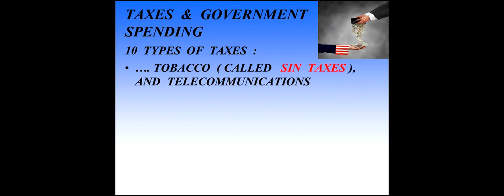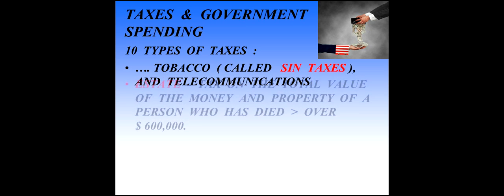And the alcohol and tobacco excise taxes are very commonly referred to in our society as sin taxes, that they're trying to discourage the production or consumption of those particular items. And we even have excise taxes on telecommunication services. Just take a look at your cellular phone bill and you'll see them clearly laid out there.